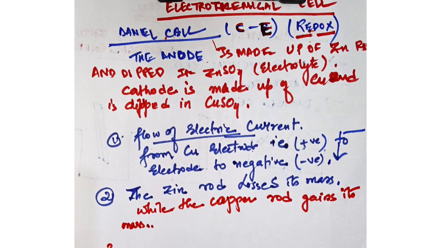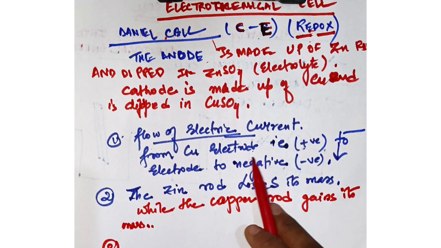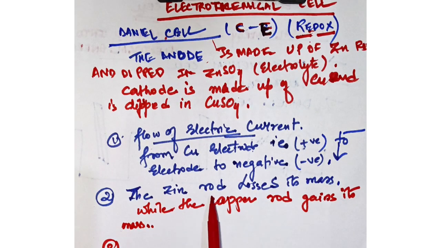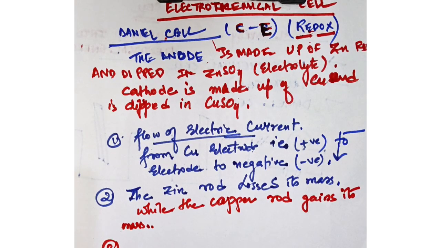So what was the second observation? The first observation was that electricity flows through the circuit from the positive to the negative, that is from copper to zinc, and the zinc rod loses its mass while the copper rod gains its mass.